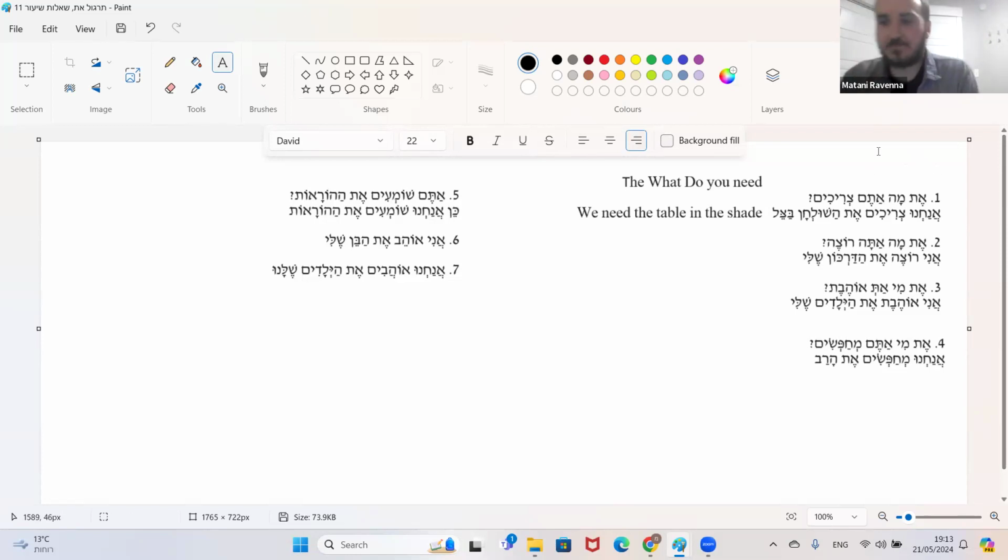Number 2. We have the aleph with 3 dots, taf with nothing, et. We already see et. Et ma. Et ma. We have the mem with the kamatz. Ma, we learned last lesson, means what? So if I am to translate this word by word, we are at the what.